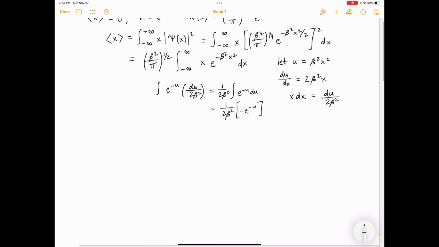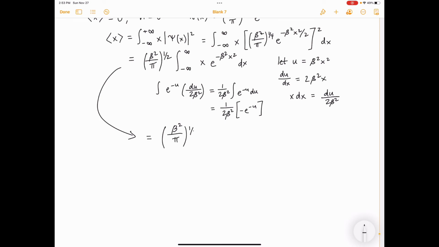All right, so let's go back to our original expression in terms of x. So what did we have? We had this constant beta squared over pi to the 1/2 power. But when we made the substitution, we introduced this new constant 1 over 2 beta squared. And then we had minus e to the minus u.